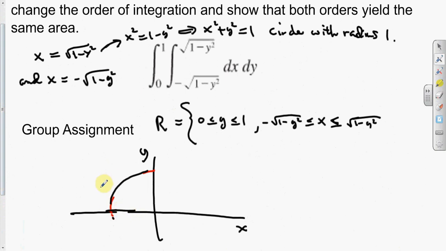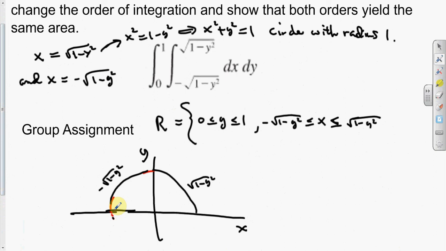So what I was going to put here was, this is negative the square root of 1 minus y squared. Then you come over here. This whole right side is the square root of 1 minus y squared. What makes it the top part? Because y goes from 0 to 1.